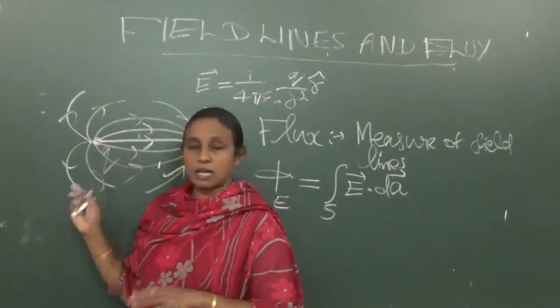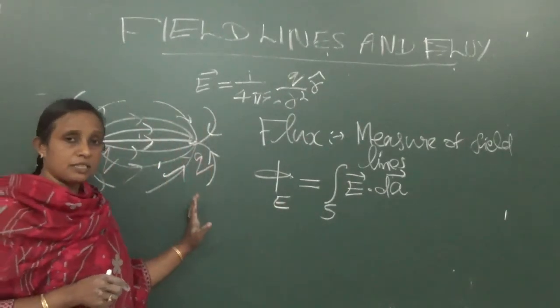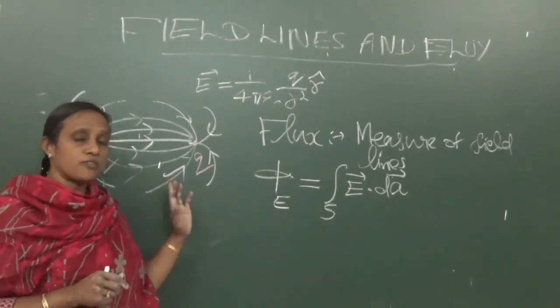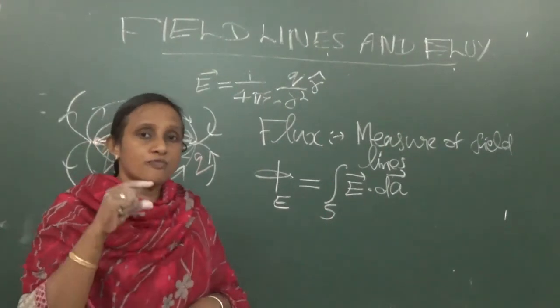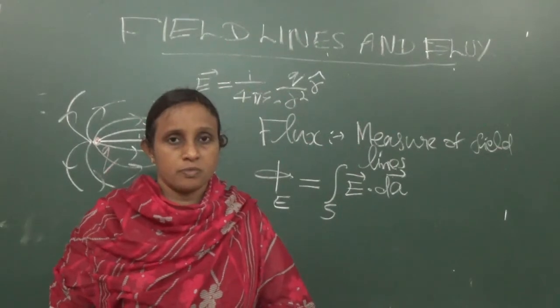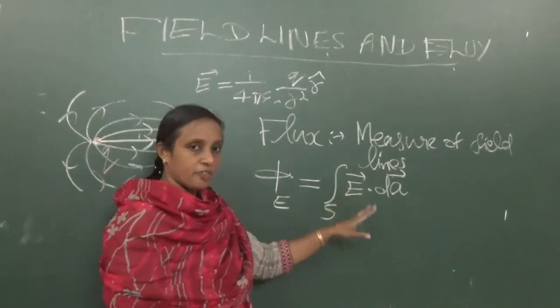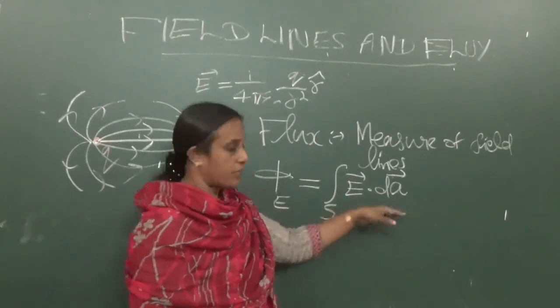You can understand this equation from here itself. We already mentioned here that the strength of the electric field is given by the number of field lines passing through a particular area. Here you can see that this flux is defined like this: surface integral of E dot dA.